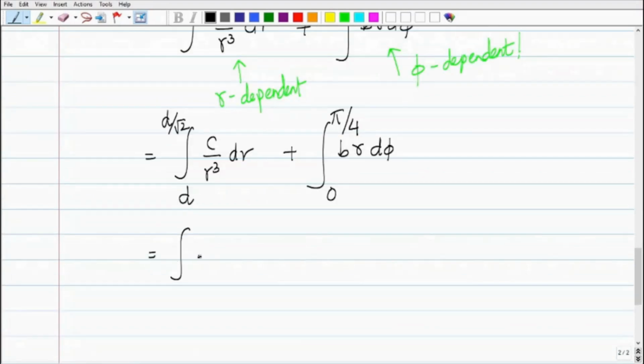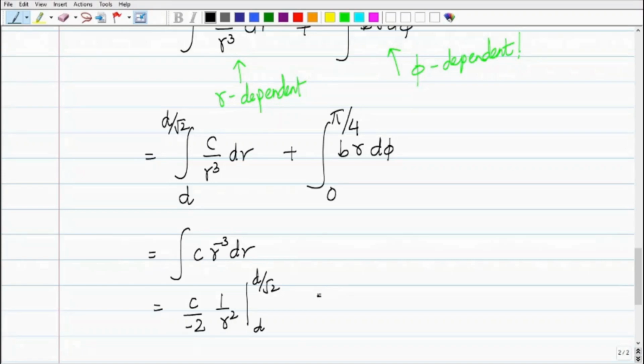If you work this out, c r to the power minus 3 dr becomes c over minus 2 into 1 by r square, and the integration goes from d to d by root 2.